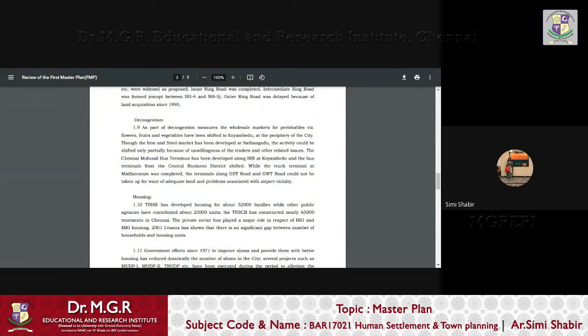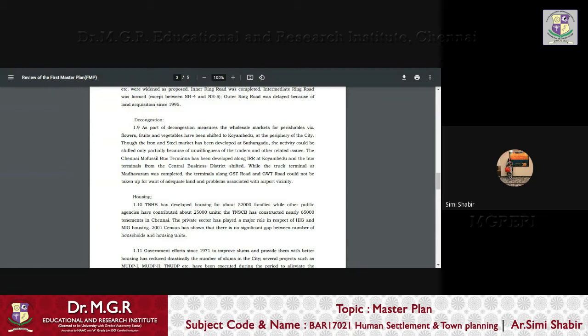Now coming to the housing, the Tamil Nadu Housing Board actually played a very crucial role in developing housing for about 52,000 families, and other public agencies have contributed about 25,000 housing units.